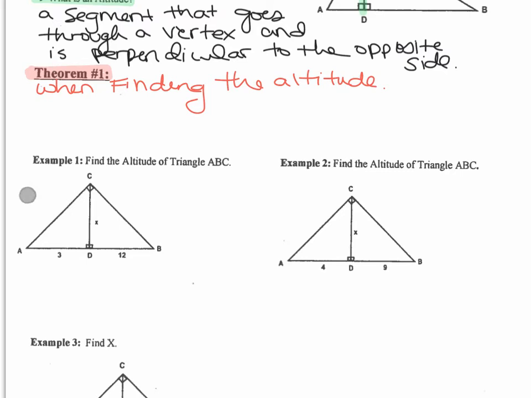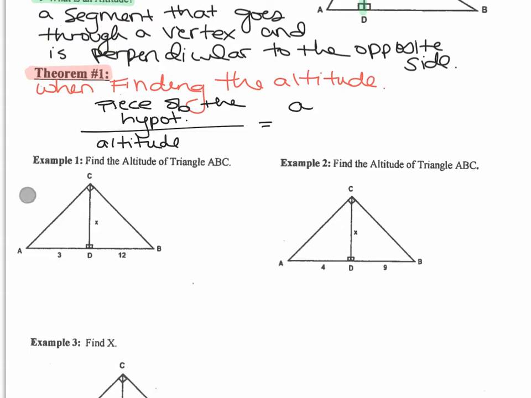How you find it is its piece of the hypotenuse over the altitude equals the altitude over the other piece of the hypotenuse.